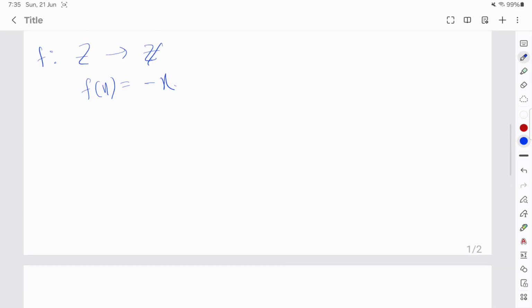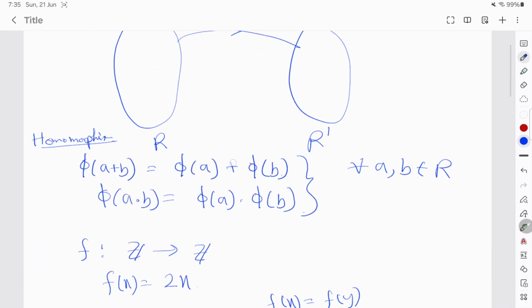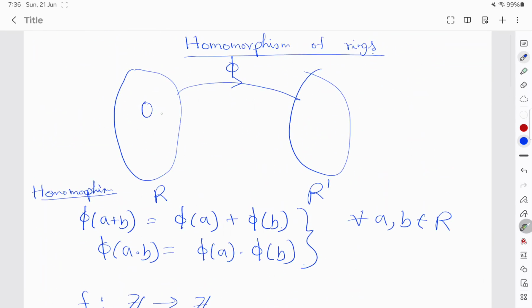Now whenever you have a homomorphism, it satisfies some properties. For example, the additive identity 0 will map to the corresponding additive identity of R'. And the multiplicative identity I will be mapped to the corresponding unity phi of I, or you can say I', that I' will be your phi of I, and this will be your phi of 0.